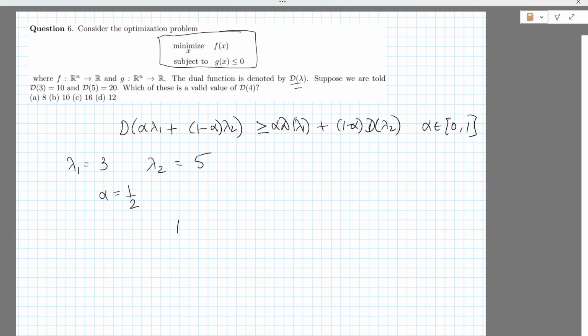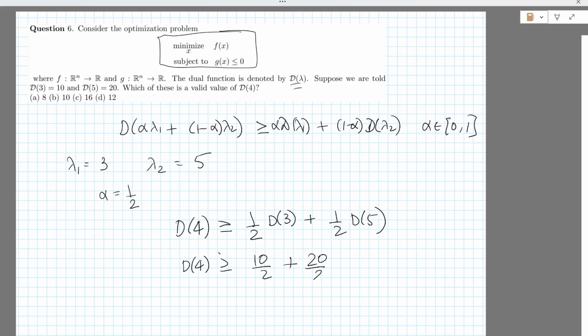Then what I get is d of 4 is greater than or equal to 1 by 2 times d of 3 plus 1 by 2 times d of 5. So d of 4 is greater than or equal to 10 by 2 plus 20 by 2, which is 5 plus 10 equal to 15.